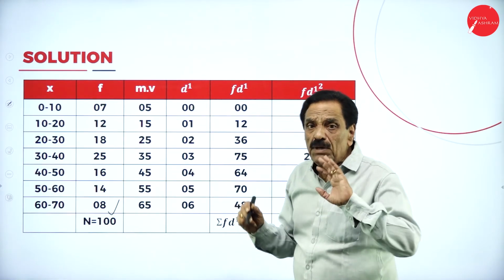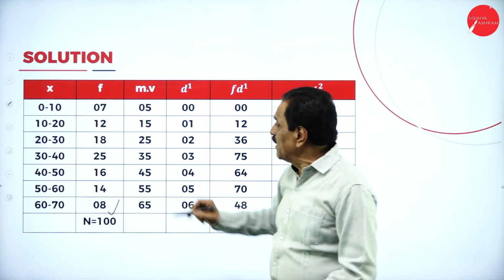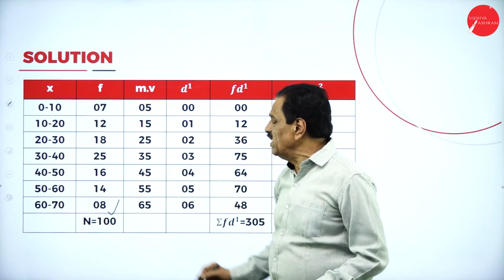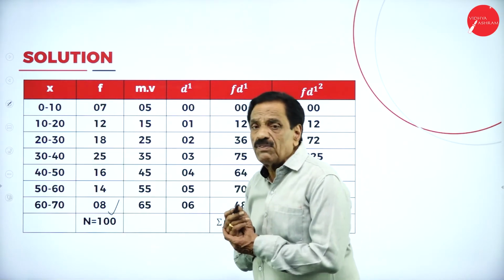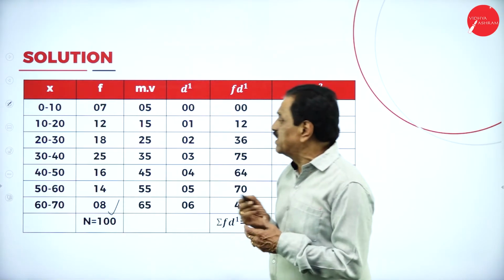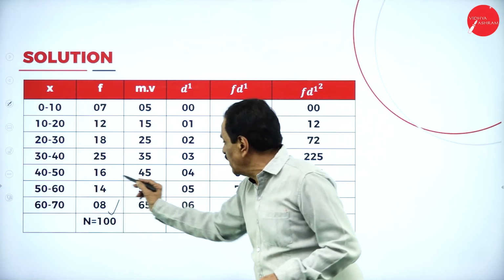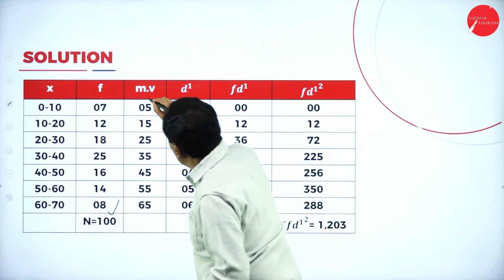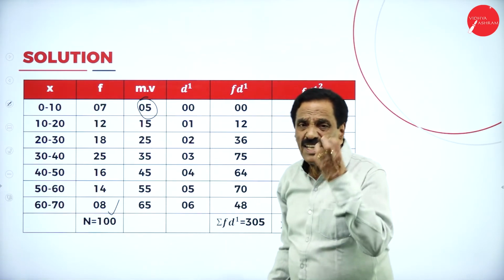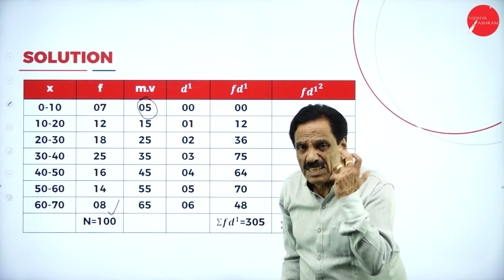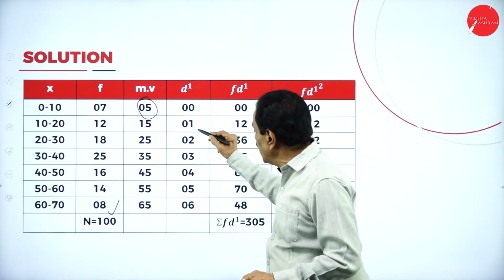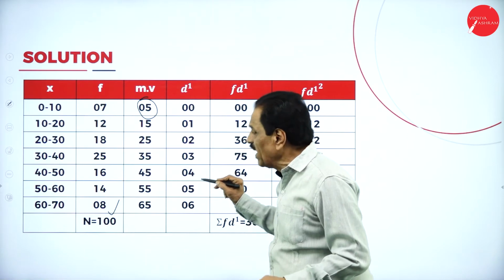Then find the mid values: 0 to 10 is 5, 10 to 20 is 15, 20 to 30 is 25, 30 to 40 is 35, 40 to 50 is 45. Then D dash: I took 5 as the assumed mean, so the assumption is 0, and then 1, 2, 3, 4, 5, 6.